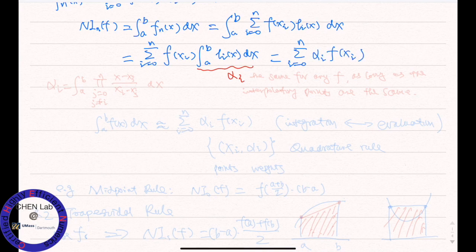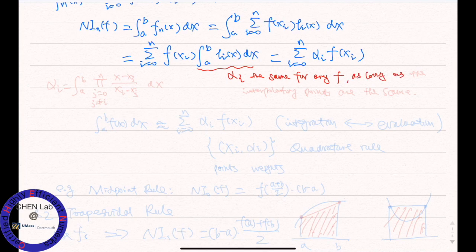The alpha is the integral of the characteristic polynomials. It has nothing to do with f. It is the same for all f. That's the point. This alpha I is the same for any f, as long as, of course, the points are fixed.